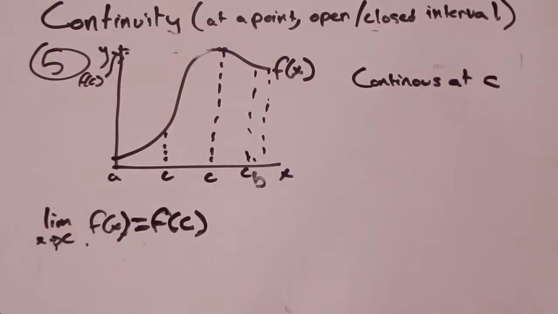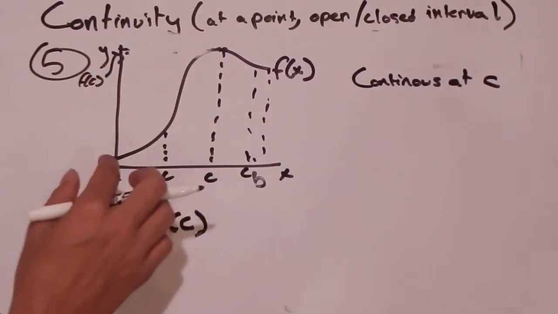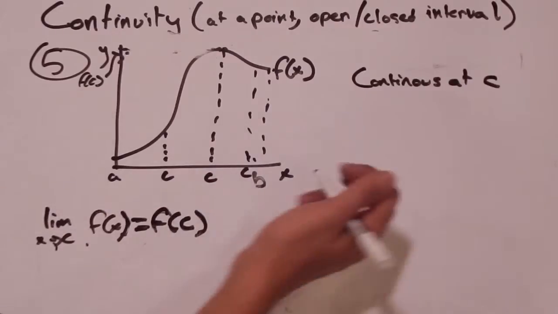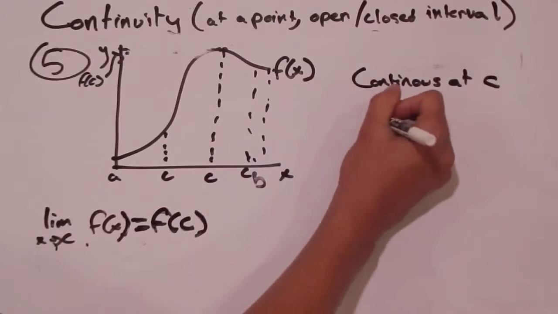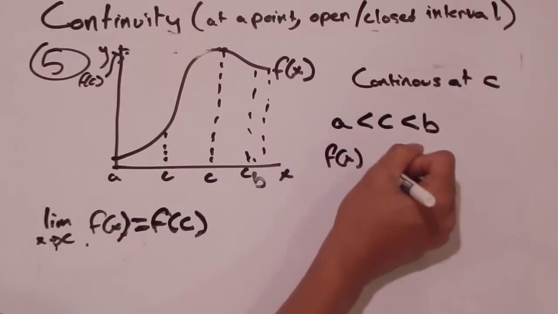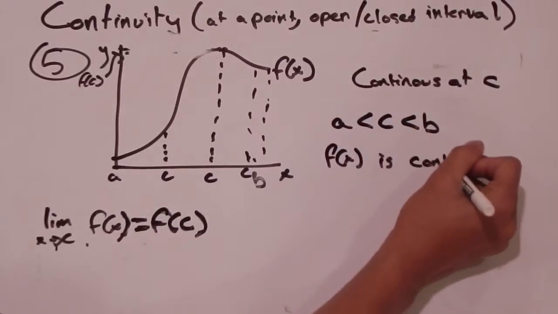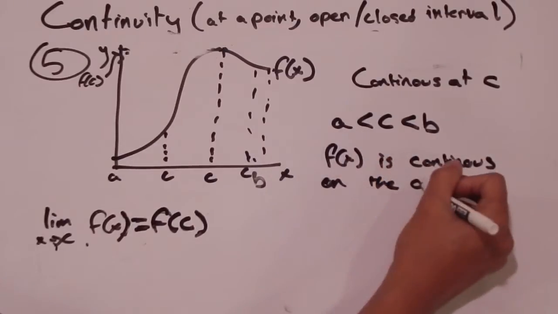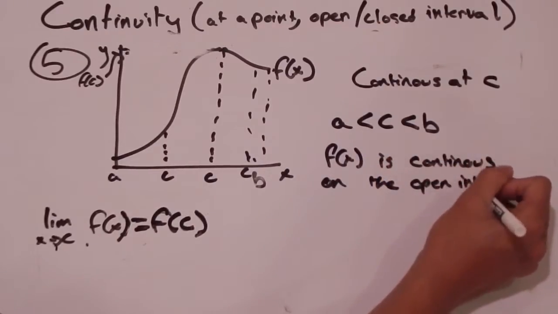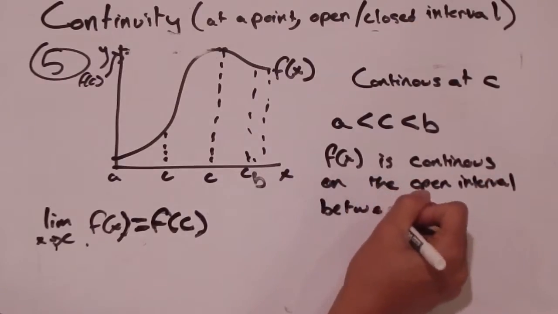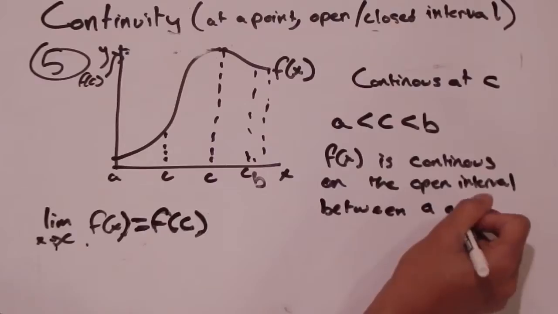When that is the case for all c values inside this interval between a and b, so we're talking about the open interval between a and b, we say that f of x is continuous on the open interval between a and b.